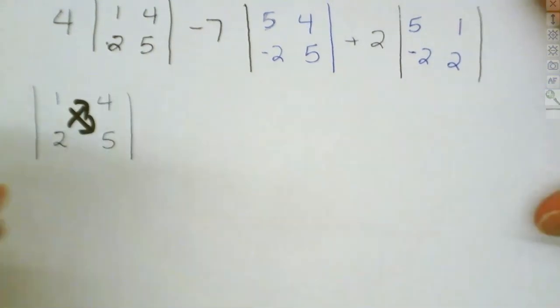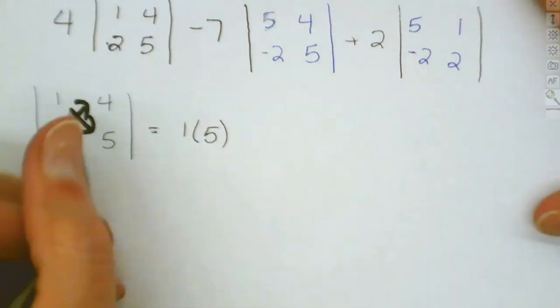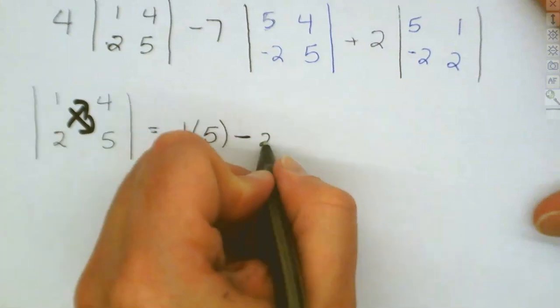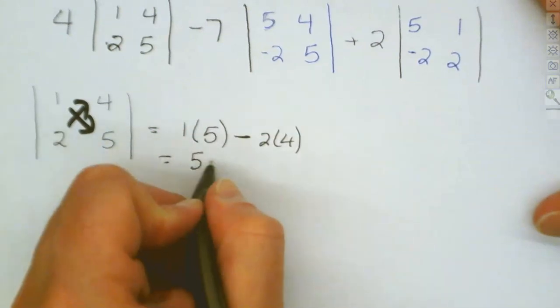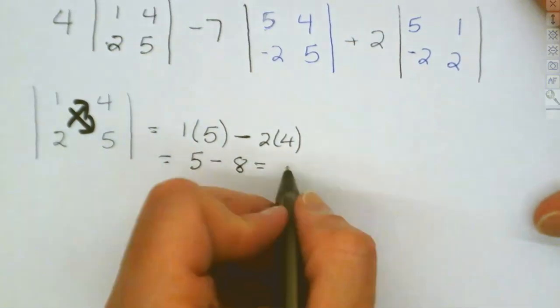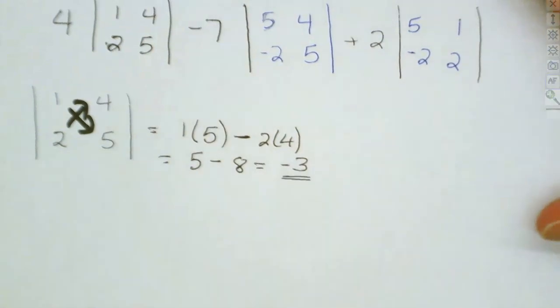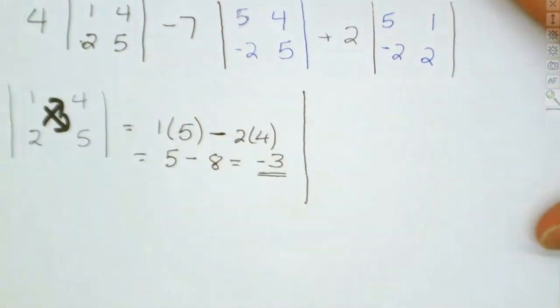So that determinant would then come out to be 1 times 5 minus 2 times 4. 1 times 5 is a 5. 2 times 4 is an 8. And it's a negative. So that leaves you then with a negative 3. Let's do the next one. We'll do all 3 of them, and then we'll put all the pieces back together.